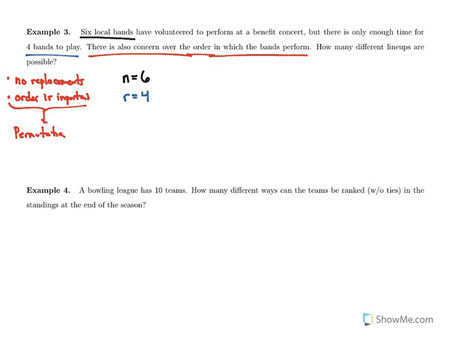So our answer here should be 6P4, which is 6 factorial over (6 minus 4) factorial, 6 factorial over 2 factorial, which is 6 times 5 times 4 times 3 times 2 times 1 over 2 times 1.